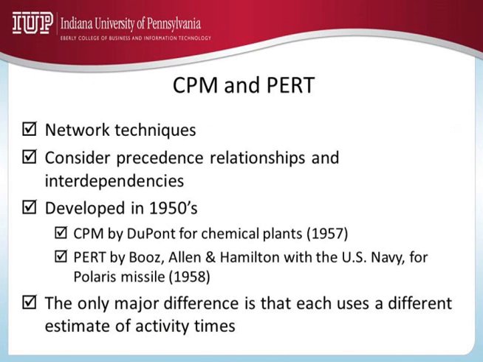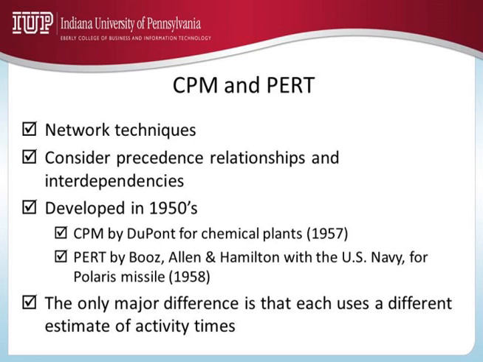Like I have said, there are 2 methods, CPM and PERT, when we talk about network techniques. They consider the precedence relationships and the task interdependencies. Both were developed in the 1950s.